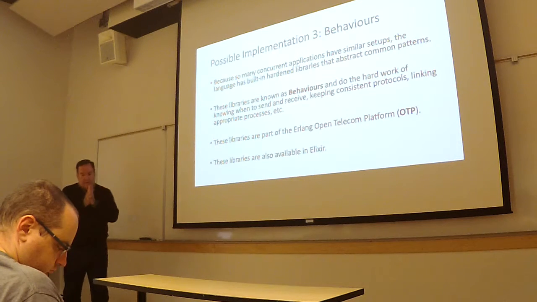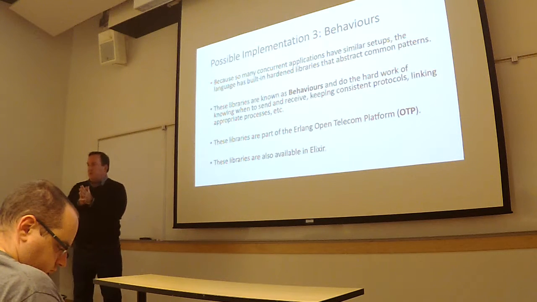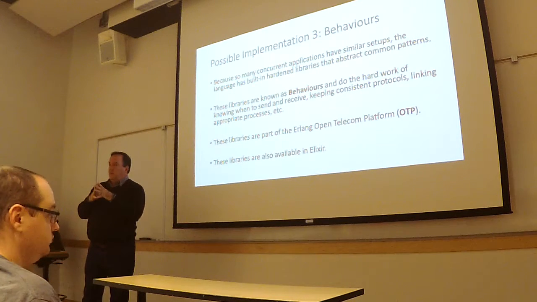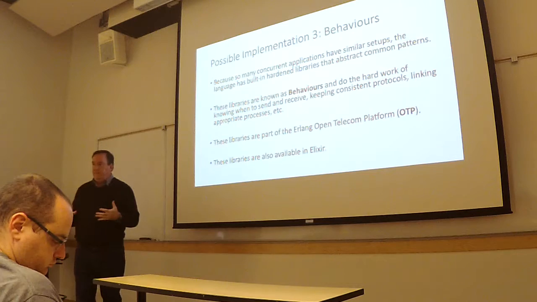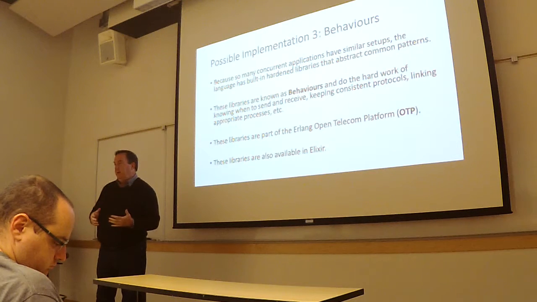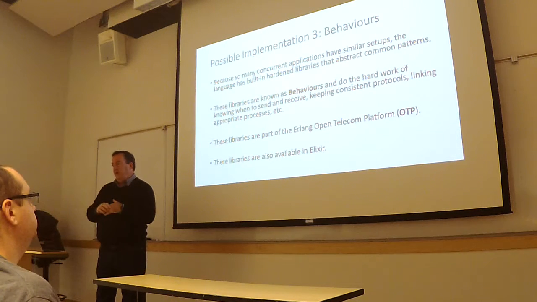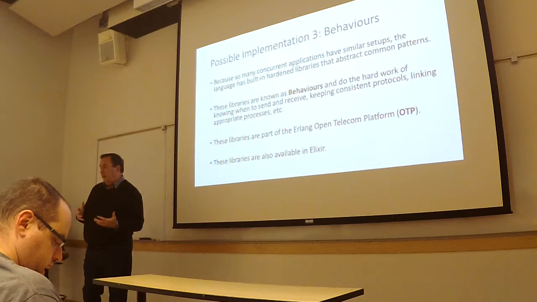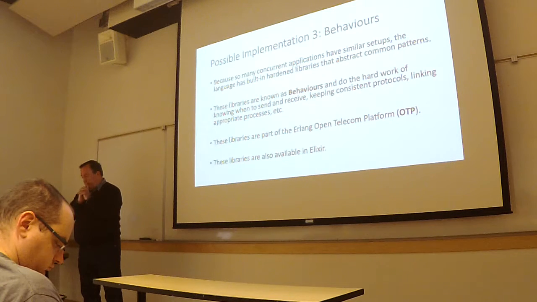Because this is what the language is really built for, large-scale concurrent processing, there are well-developed, well-tested libraries that you can use for building in these kinds of behaviors. And that's what they're called in OTP: behaviors.